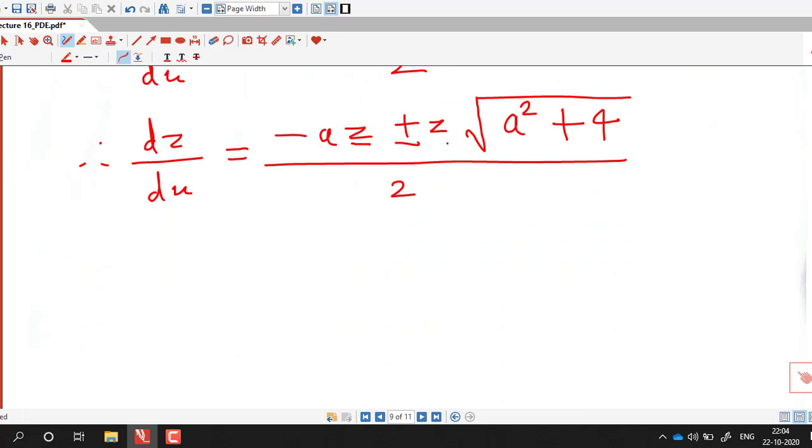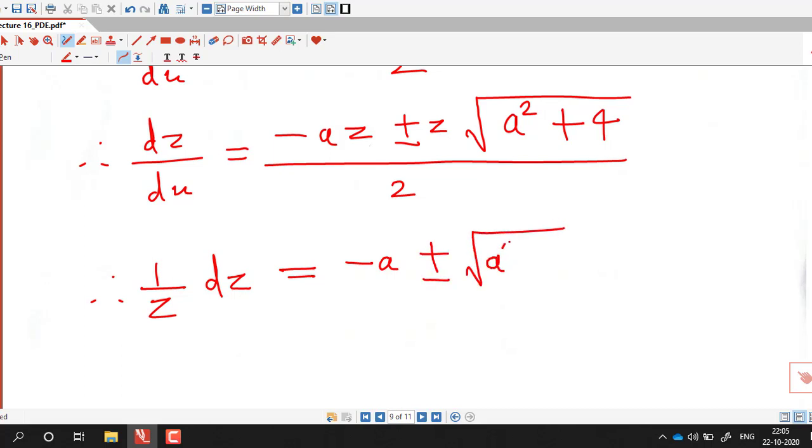In these two terms z is common, so if we take z common, we can transfer it to the left hand side, and we transfer this du to the right hand side, and here we are left with minus a plus or minus under root a square plus 4, divided by 2, times du.